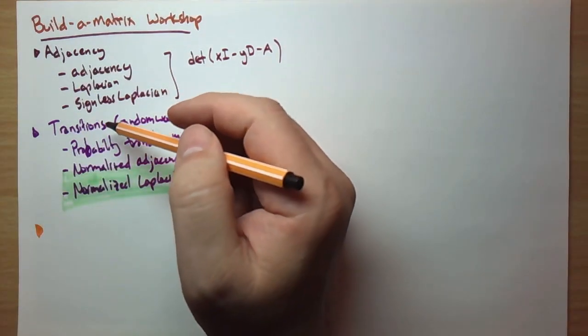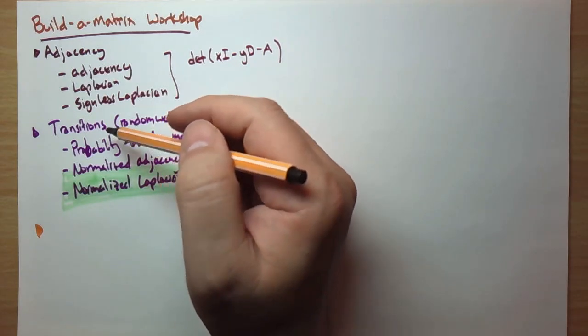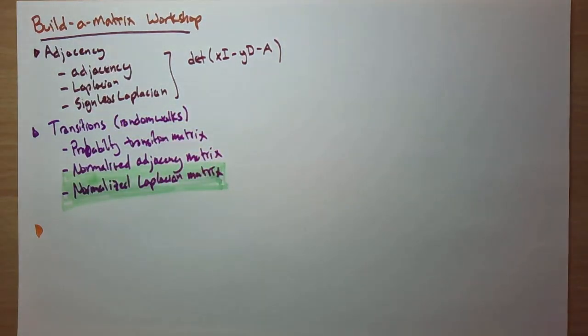Transitions, we haven't been very specific about, but really you should think about transitions as there's a process happening. Can you move from this state to that state? How likely is that to happen? So what's another way you can measure how connected two vertices are? Because ultimately, graph theory is about connections.